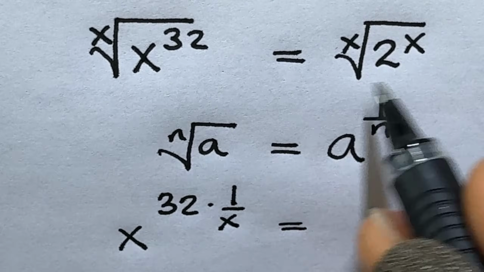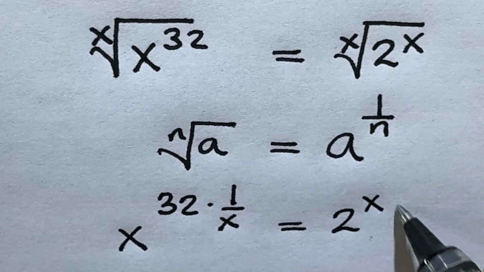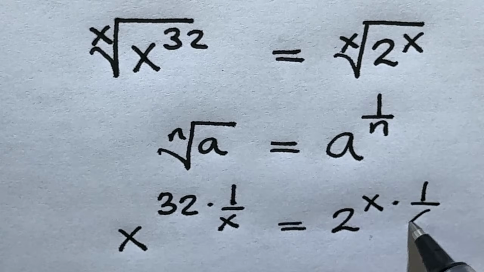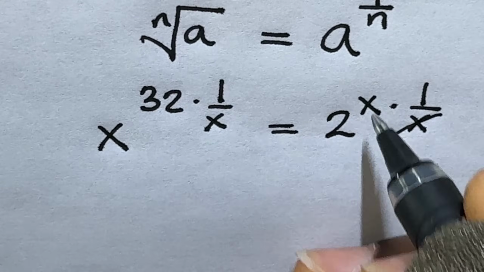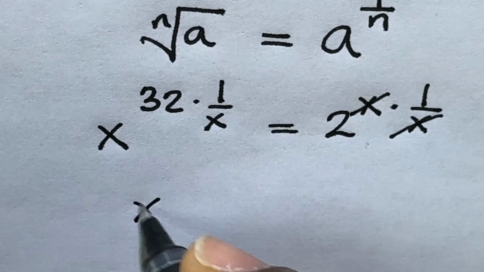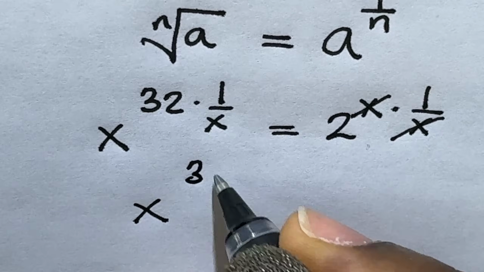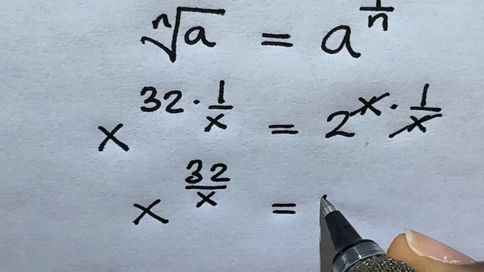And here, this simply means 2 raised to power x times 1 over x. Then this cancels this, and on the left we have x raised to power 32 over x is equal to 2.